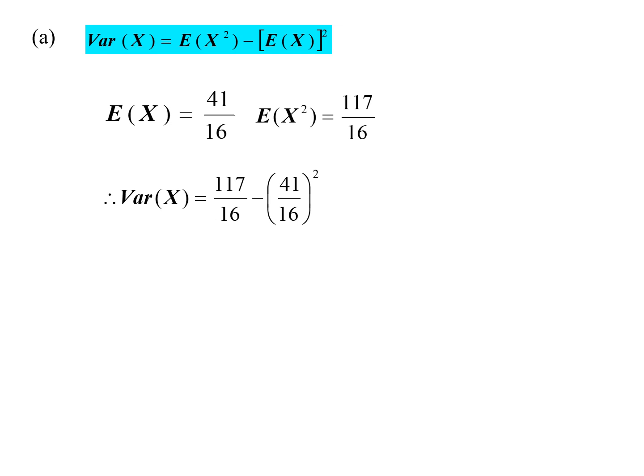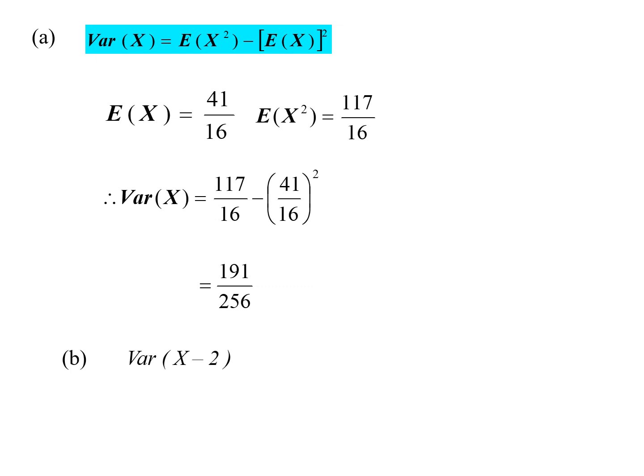We substitute our E(X) as 41 over 16 and our E(X squared) as 117 over 16 into the formula. After the calculation, we will get the variance is 191 over 256.